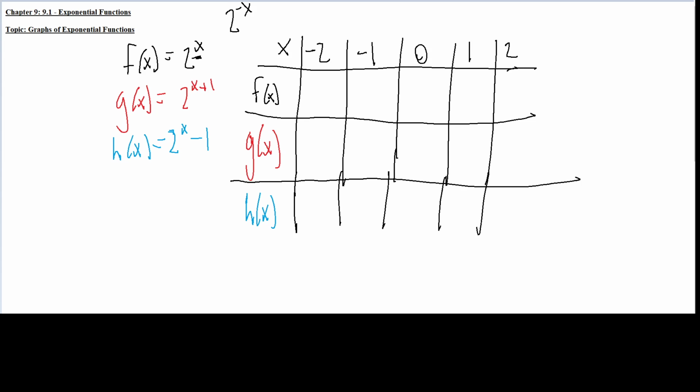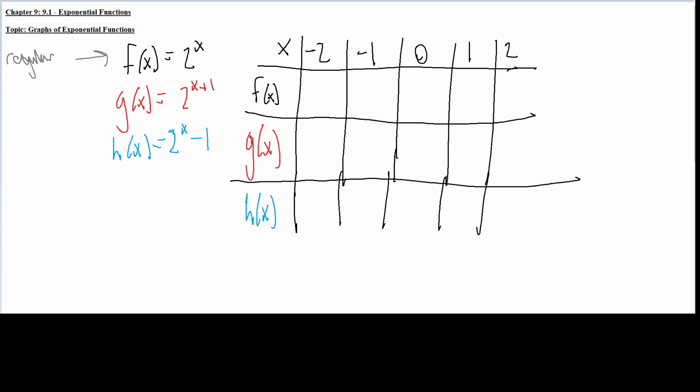But in this video we're going to discuss two main transformations, shifts in both the x and y axis. So right here, I can start with f of x. F of x right here is just our regular exponential function.